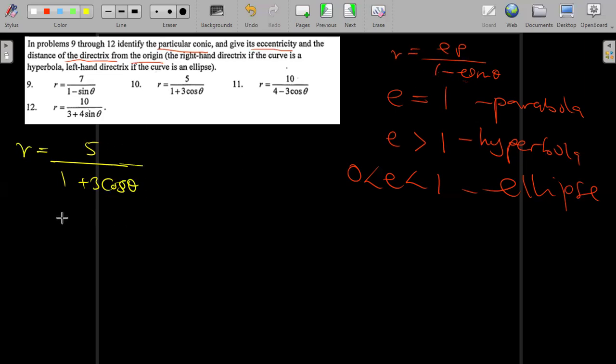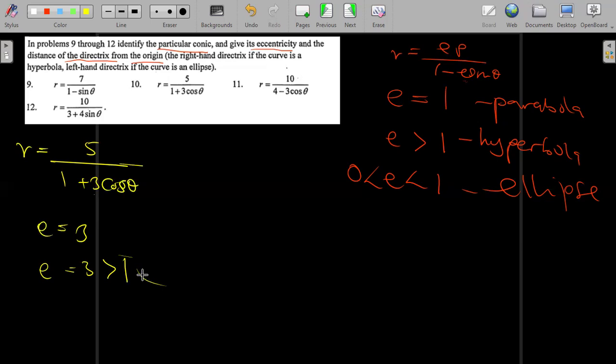So this means you can just easily get your eccentricity here. To get your eccentricity, that's going to be e equal to 3, since there's a 3 there. Then since we know that e equal to 3 is greater than 1, from that, if e is greater than 1, then it's a hyperbola.